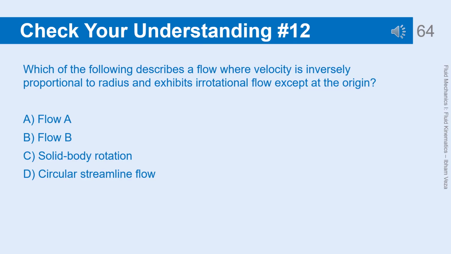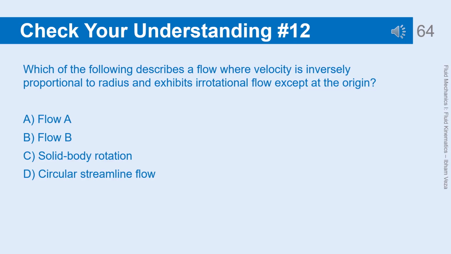Explanation: A. Flow A. This is incorrect because flow A represents solid body rotation, where the tangential velocity increases with the radius, not inversely proportional. B. Flow B. This is the correct answer, as flow B is described as a line vortex with irrotational flow, where the velocity is inversely proportional to the radius, except at the origin.